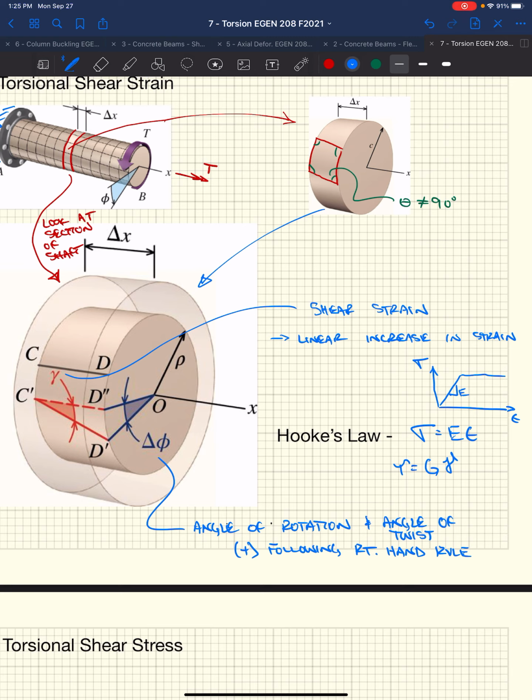We did that earlier on in our class. And we know that our shear strain is our change in angle of rotation. It's our change in length, but in this case, because we're twisting, it's our change in angular rotation over the original length. That's the length of this sliver, or in our case, it could be the whole length of the shaft.